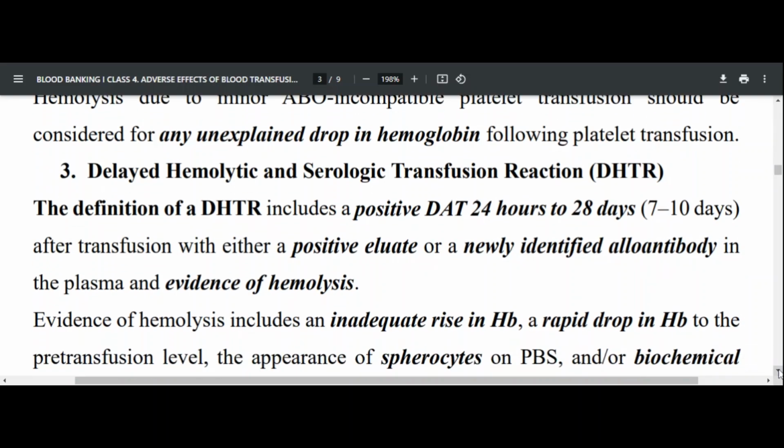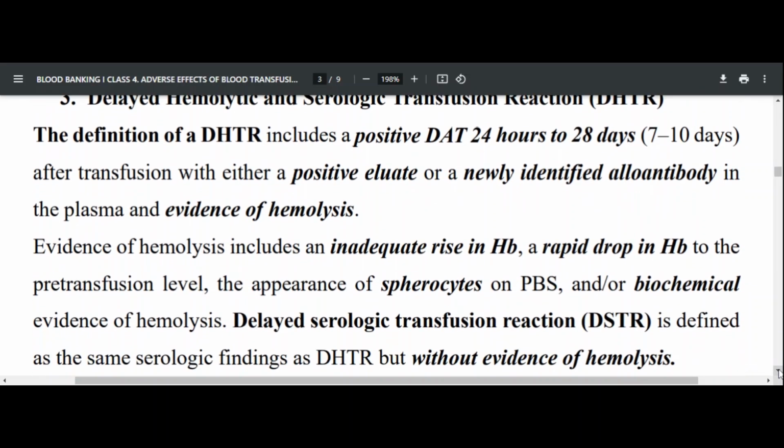Maybe after transfusing, you remember we said 1 unit of RBC can increase 1 gram of hemoglobin in adults, isn't it? So when you expect 1 gram increase but you can't get it, that is what you call inadequate rise in hemoglobin. The second evidence of hemolysis is a rapid drop in hemoglobin to the pre-transfusion level.